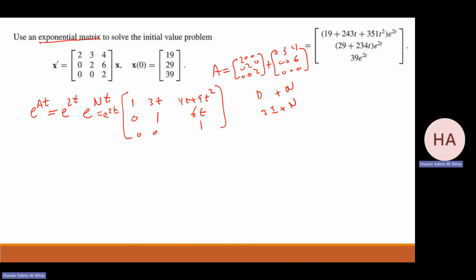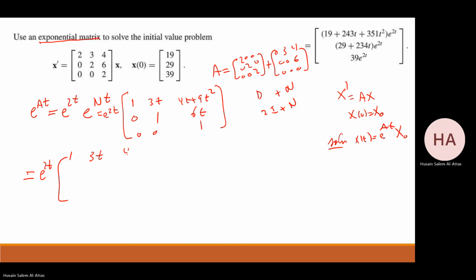Now, I know if I have the system x prime equals Ax, where x at 0 equals x0, then what will be my solution? The solution will be x of t equals e to the power At times x0. So I have e^(At) times this matrix, times this strange vector 19, 29, 39. I need to be careful now with the calculation.